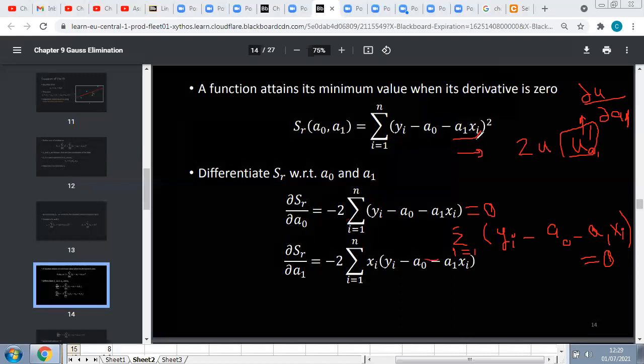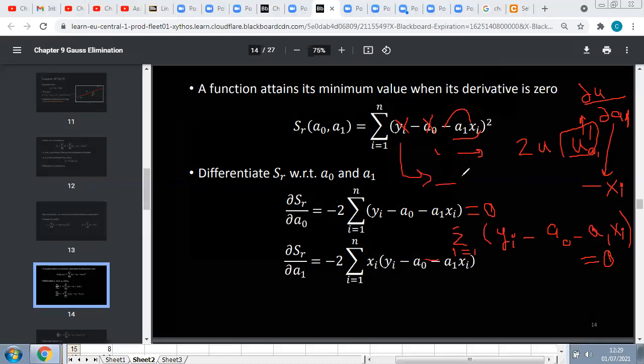so here when I do the derivative with respect to A1, this is constant, and I just have then minus xi. So del U by del A1 is minus xi. And now I can say that the derivative with respect to A1 is minus 2xi times U. And again, since I have a summation, the derivative will be a summation, because you know that the derivative of the sum is equal to the summation of the derivatives.